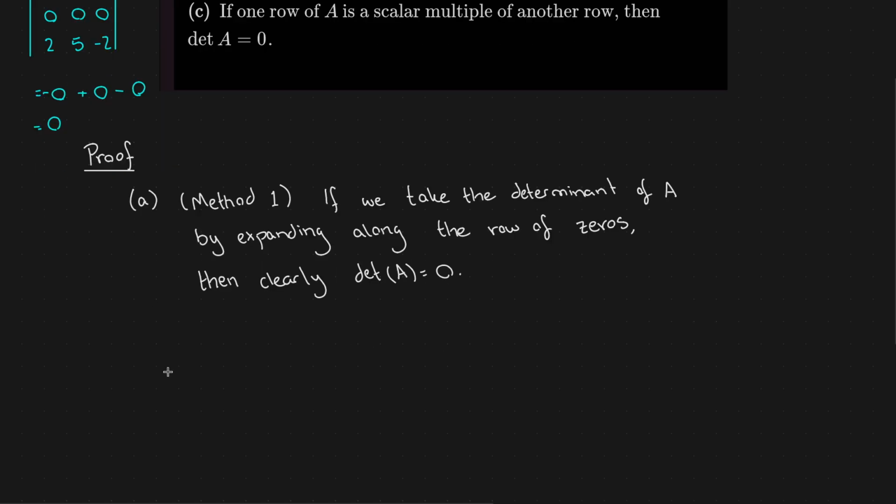Now, I did promise you another method. All right? Say the ith row of A is a 0 row.